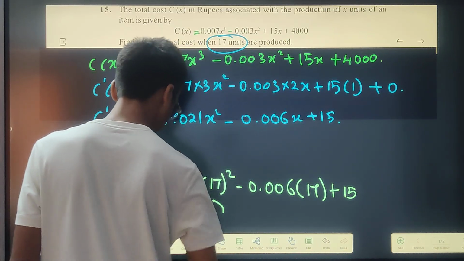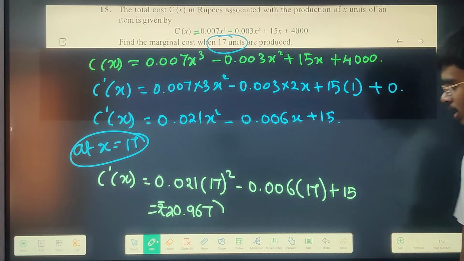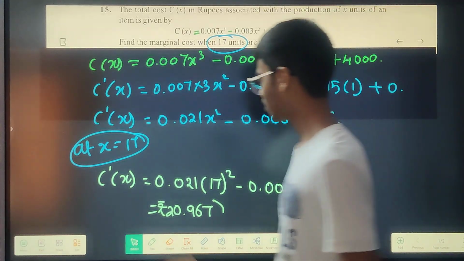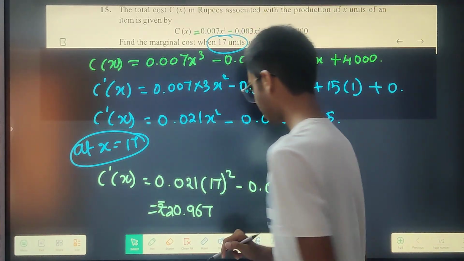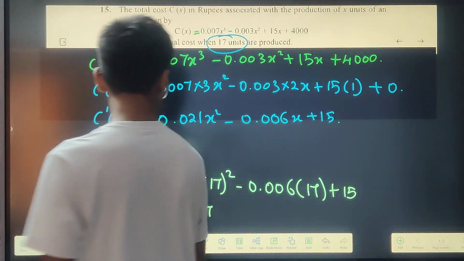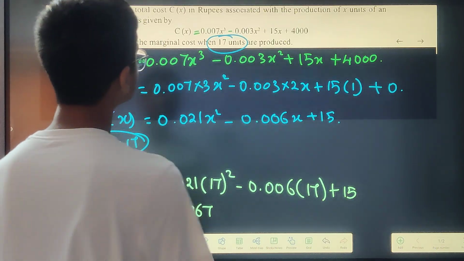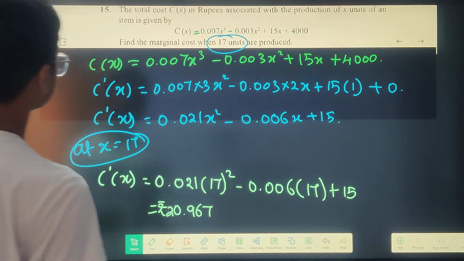So your marginal cost is going to be 20.967, but you are not allowed to use a calculator. So this is the way that you are going to do your sum.